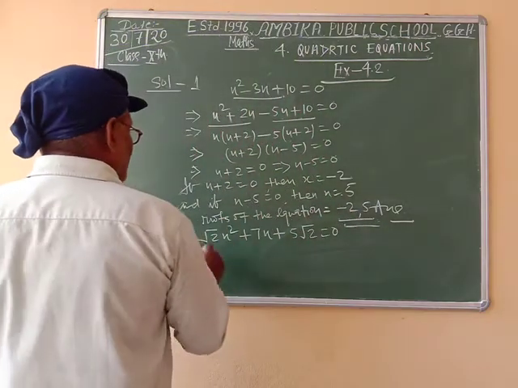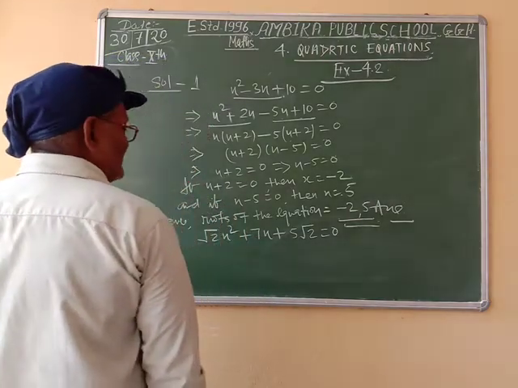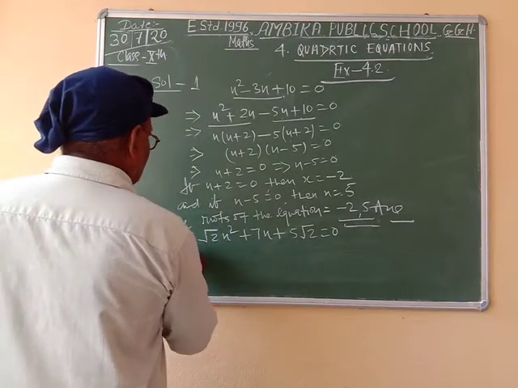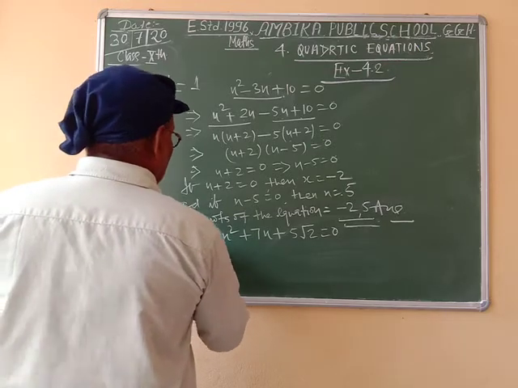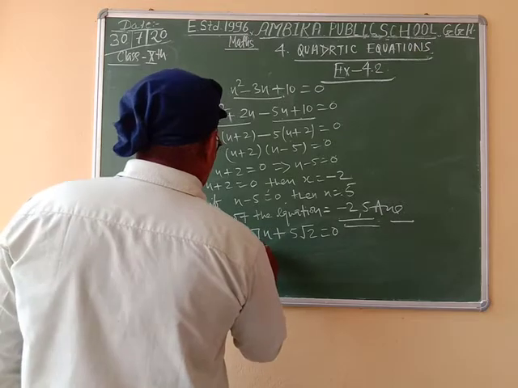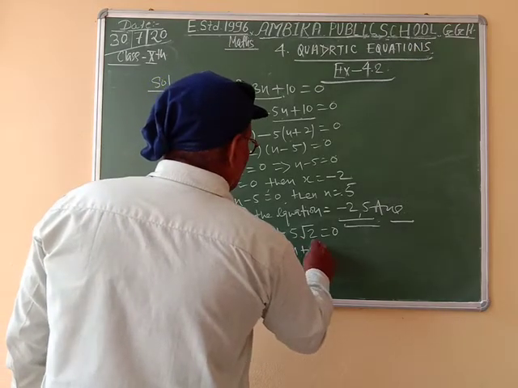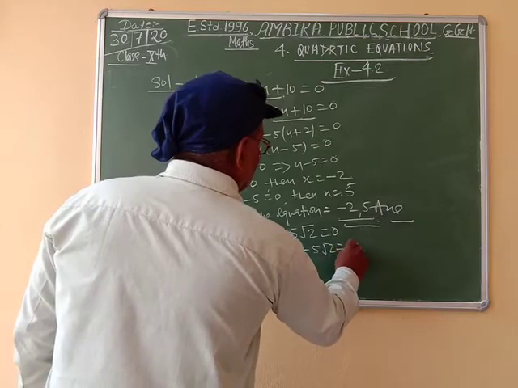So the appropriate split of 7x gives root 2 x square plus 2x plus 5x plus 5 root 2 is equal to 0.